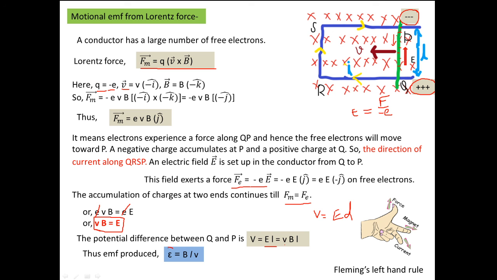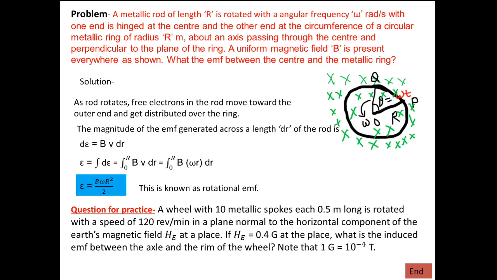Thus we can say the EMF produced is BLV. And the direction of the force, when the rod is moving, we find using Fleming's left hand rule, which we have also discussed earlier.